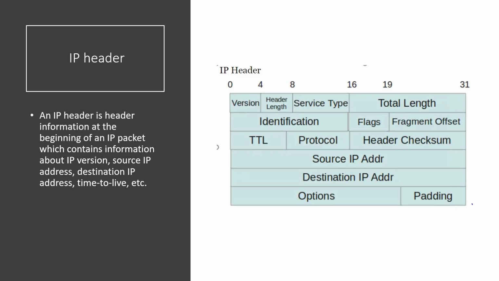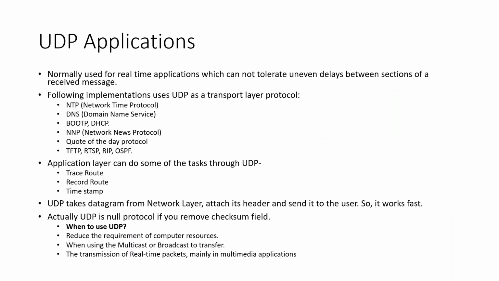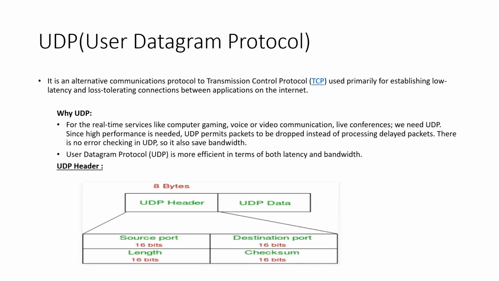We will discuss this IP header later. Now the UDP protocol. Why do we go for UDP? It is an alternative to TCP, used for services like computer gaming, voice, video communications, live conferences, and so on. For those we go for UDP.